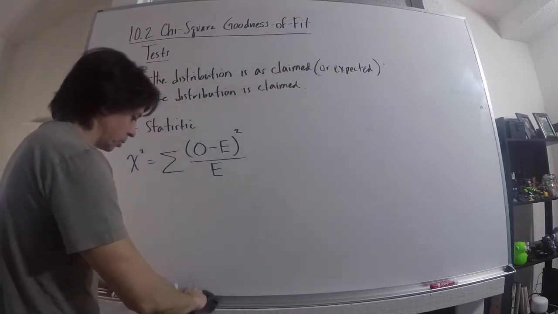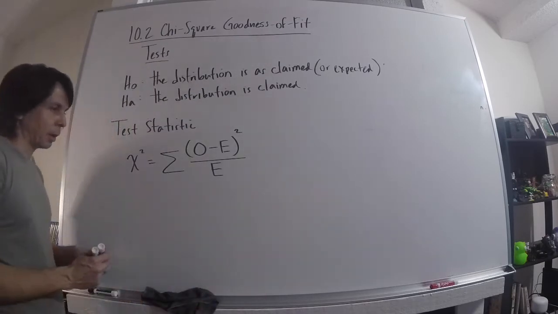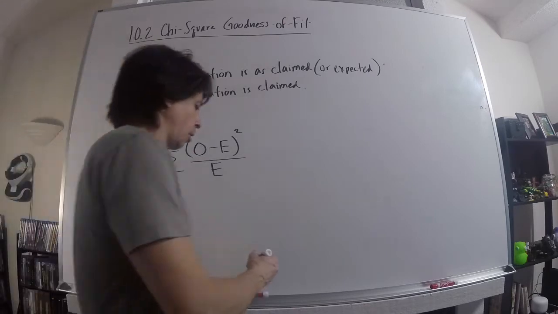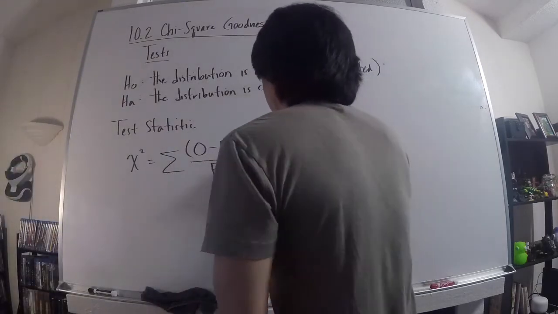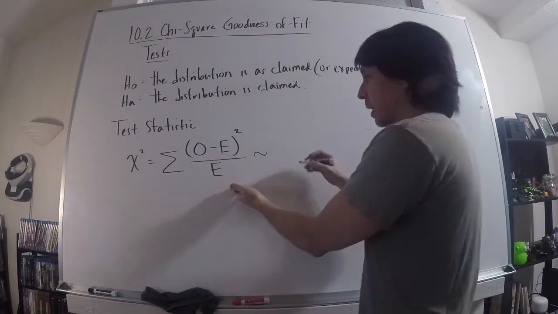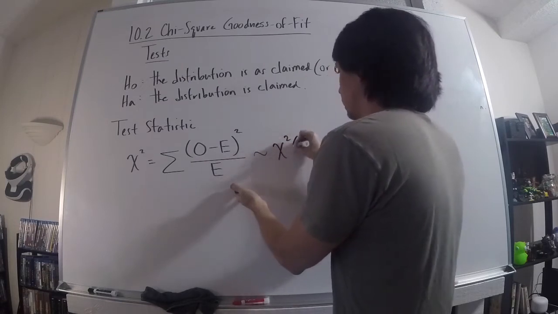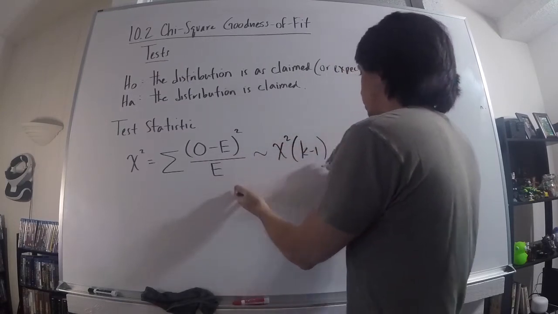Then we'll get the p-value by doing a tail probability, always a right tail, off the distribution this statistic has, which is chi-squared with k minus 1 degrees of freedom.